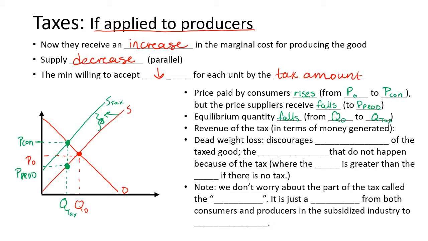Now if we wanted to shade in the revenue that the government gets, the difference between the two supply curves, or the two prices here, is how much it gets per unit, and it gets it for all of the units that are taxed. So this rectangle here is our revenue.